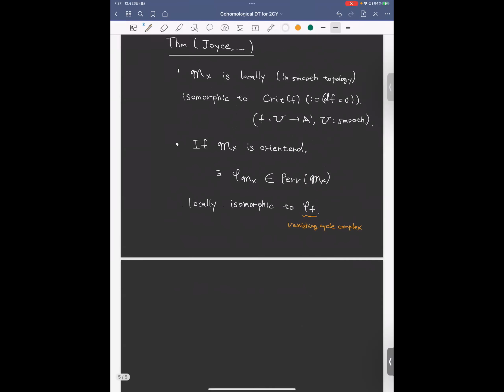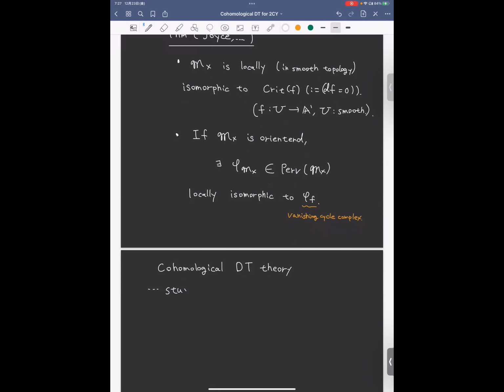Cohomological DT theory is roughly a study of this perverse sheaf.